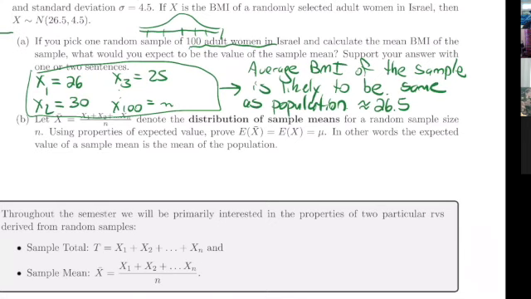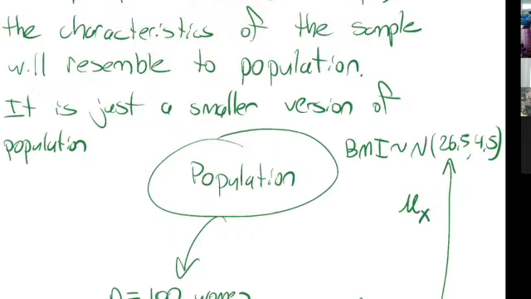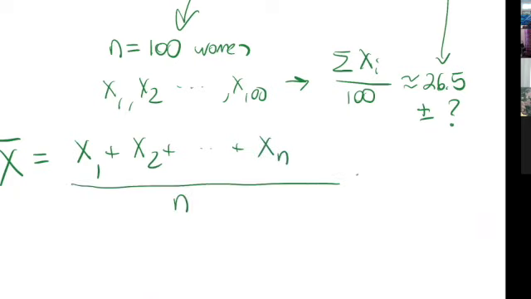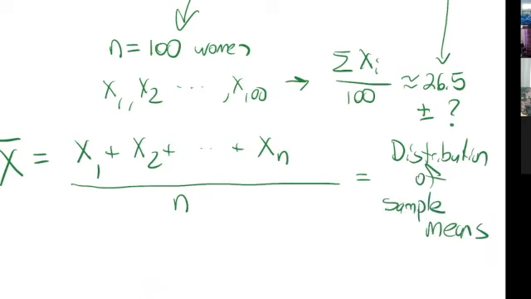And so let's prove this more concretely. I'm going to define this random variable x bar. And this is what's called the distribution of sample means.